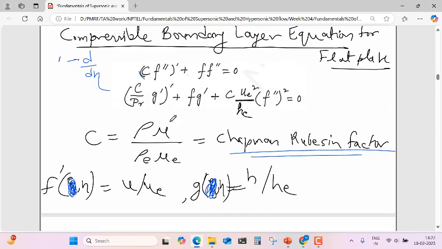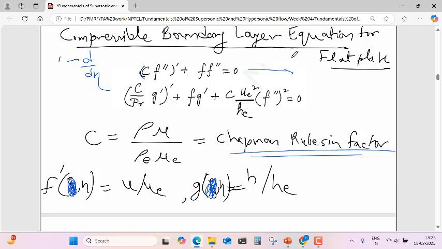So if you see the first equation, which is the momentum equation, C F double dash whole dash plus F double dash equal to 0. Which order equation is this one?